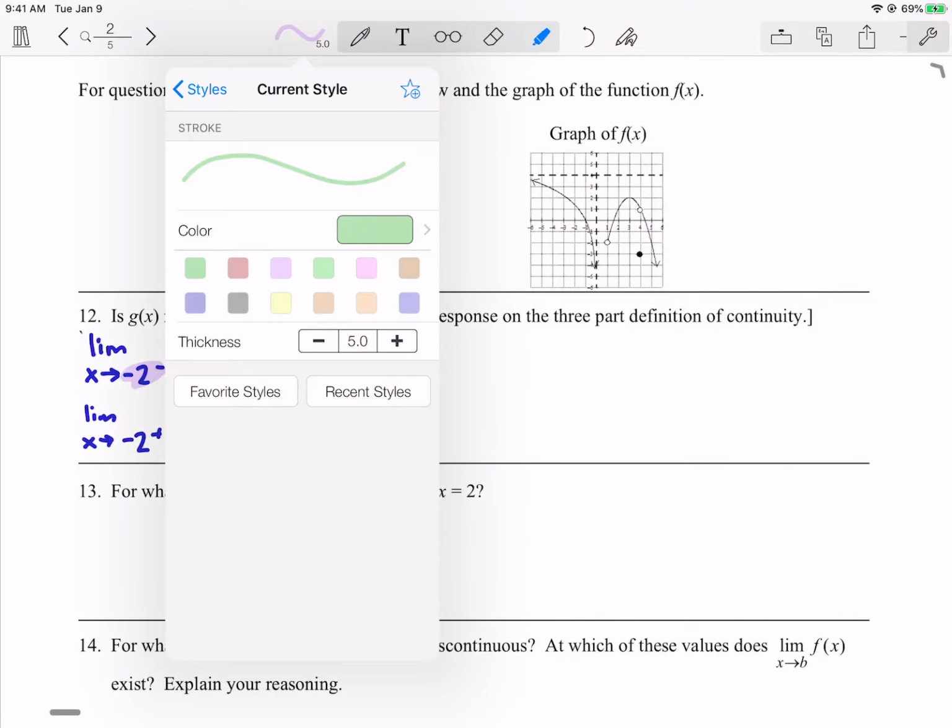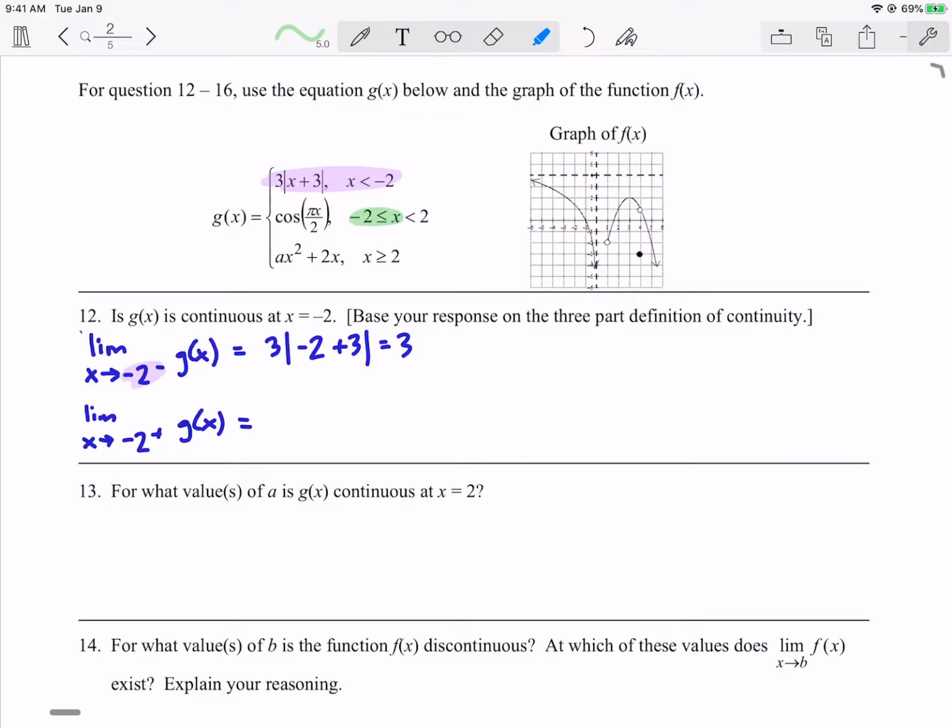Now from the right, that's where x is greater than negative 2, so I'm going to use this component. And then that'll be cosine of negative 2 pi over 2, which is cosine of negative pi, which is negative 1. So immediately, since the limit doesn't exist, I know it's not continuous. But just to emphasize, since this was or equal to negative 2, this green piece is the same as g of negative 2.